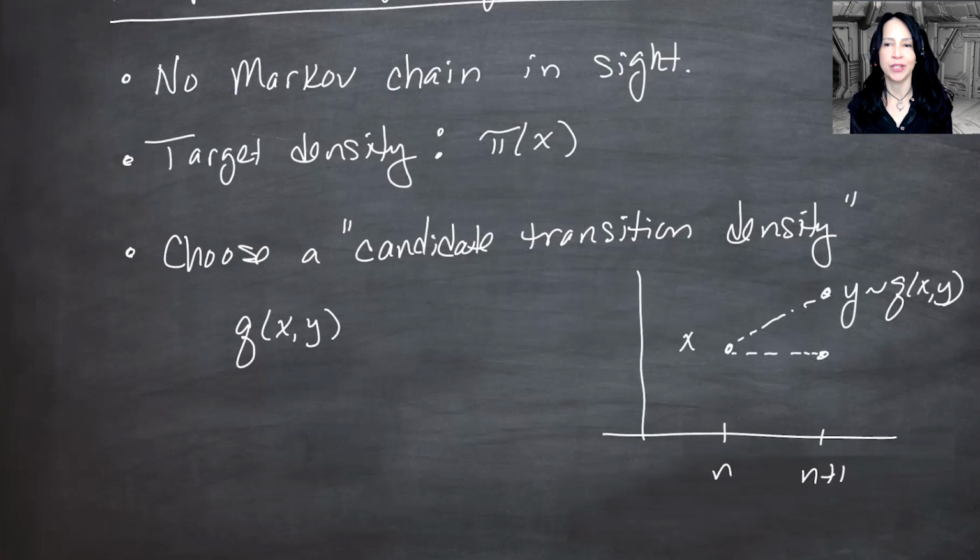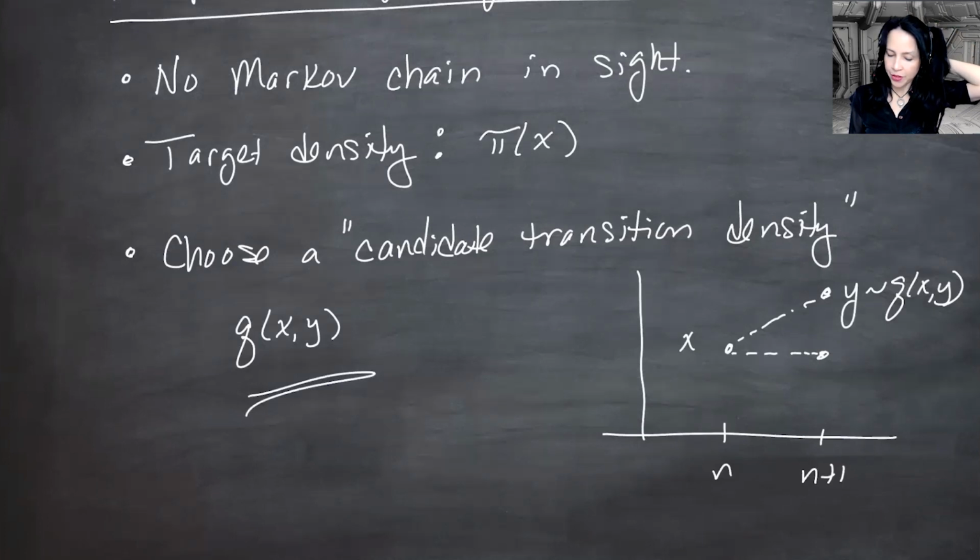There's going to be two options when we propose from that density. So everybody's okay. I'm ready to describe the algorithm. And yeah, I mean, we can talk about choices for this, but I only have good advice for a particular class of those PDFs. But let's write down the algorithm.